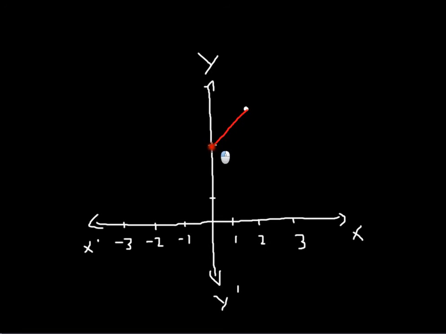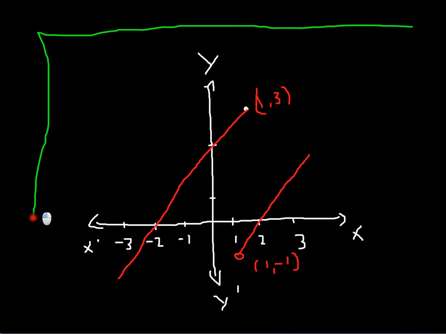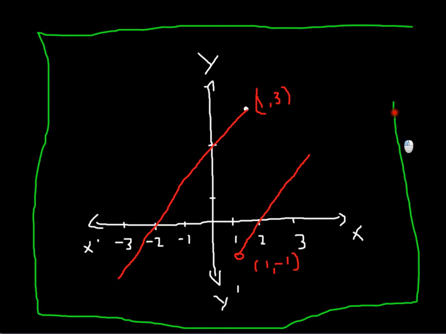It'll pass through this point, and the other one will pass through this point, and it'll go something like this. 1, -1, and this point will be 1 and 3. So this will be the graph of the given function, right?